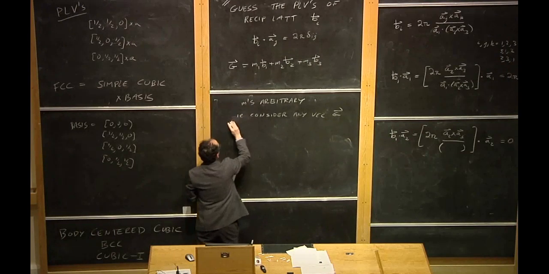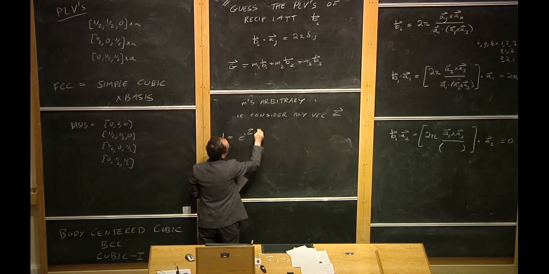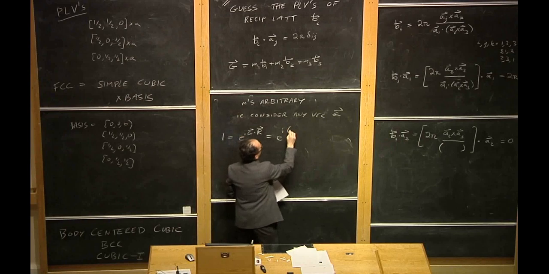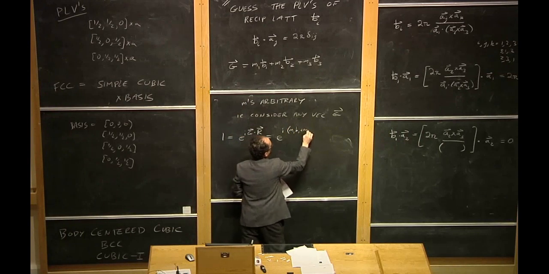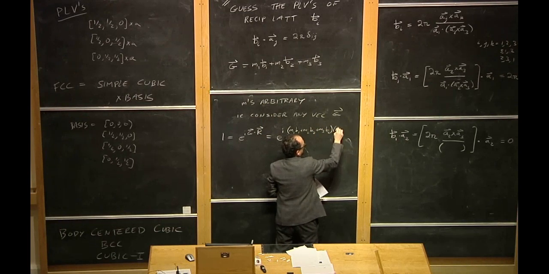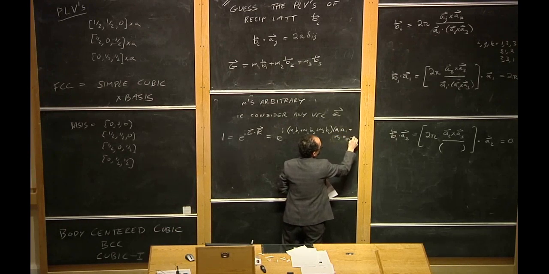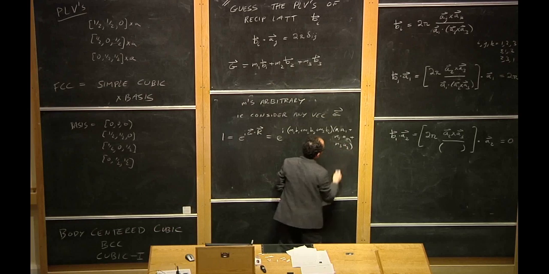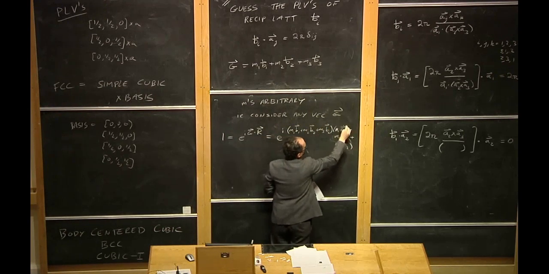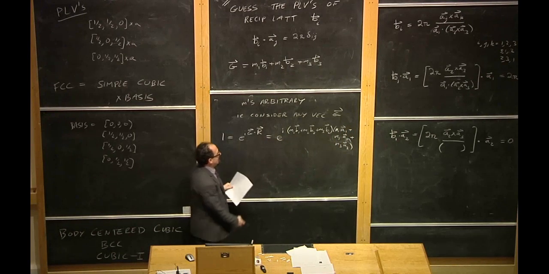So we're going to force on it 1 equals e to the i G dot R. What does that mean? e to the i, G is M1 B1 plus M2 B2 plus M3 B3, dotted with N1 A1 plus N2 A2 plus N3 A3. And if I'm going to impose the condition e to the i G dot R equals 1, I have to impose the condition that this thing equals 1.